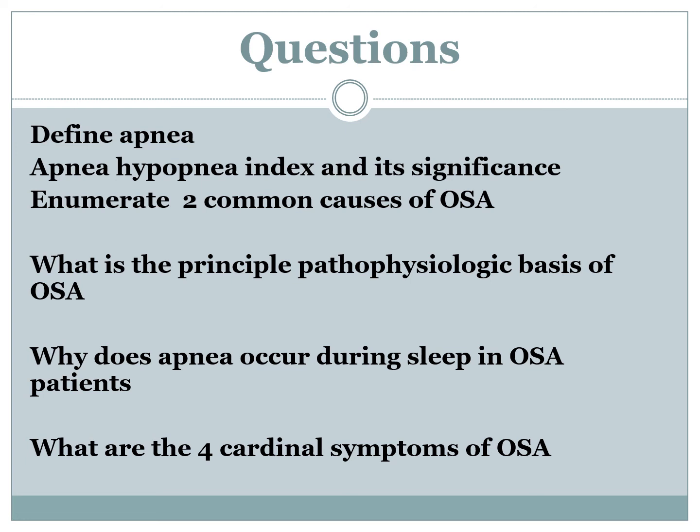As we said before, more than 30 is severe, 15 to 30 is moderate, 5 to 15 is mild. The two common causes of OSAS are obesity and pharyngeal obstruction. The principal pathophysiological basis for OSAS is a narrow floppy airway, which gets narrower and floppier during sleep due to profound muscle relaxation.